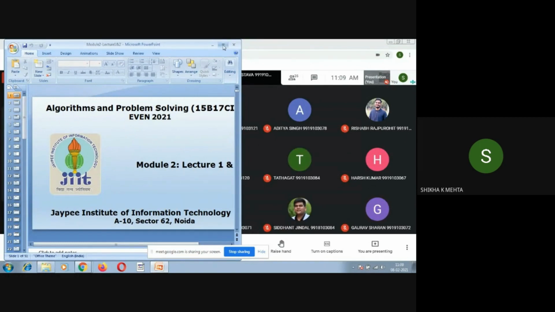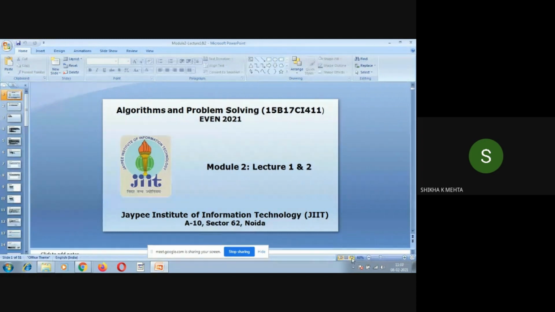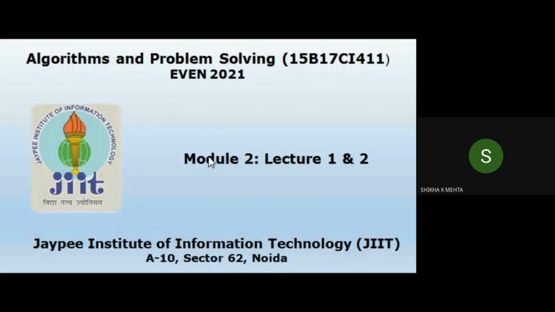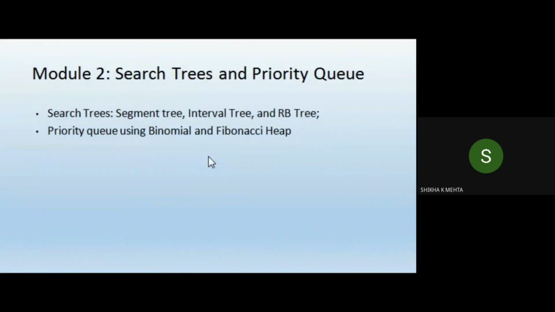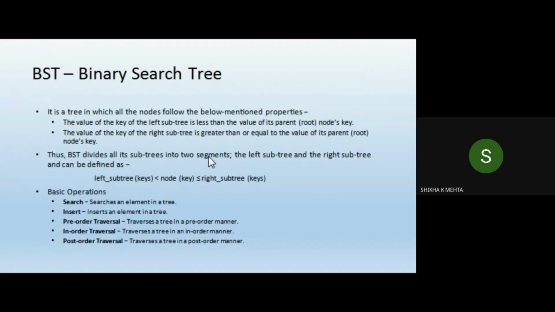After creating this data structure, we have certain operations that can be performed over this binary search tree, and we need to maintain this property throughout whenever we do any kind of operation.